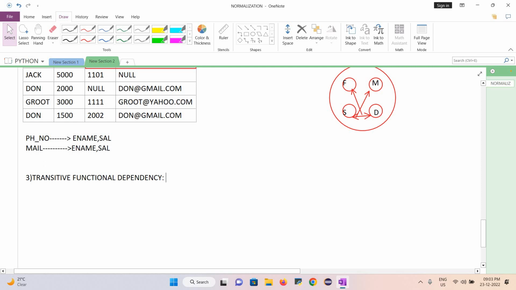The last one is transitive functional dependency. I'm going to give a very simple definition to understand this.